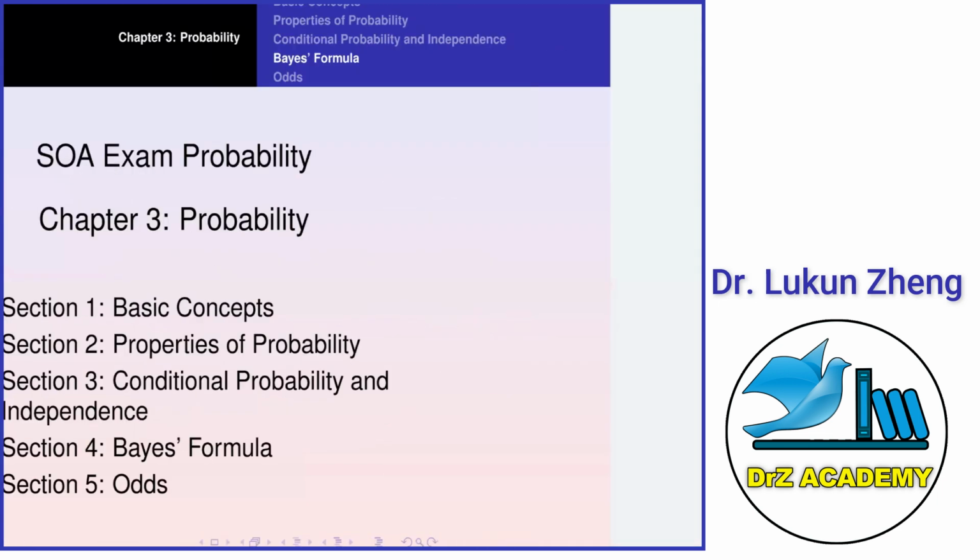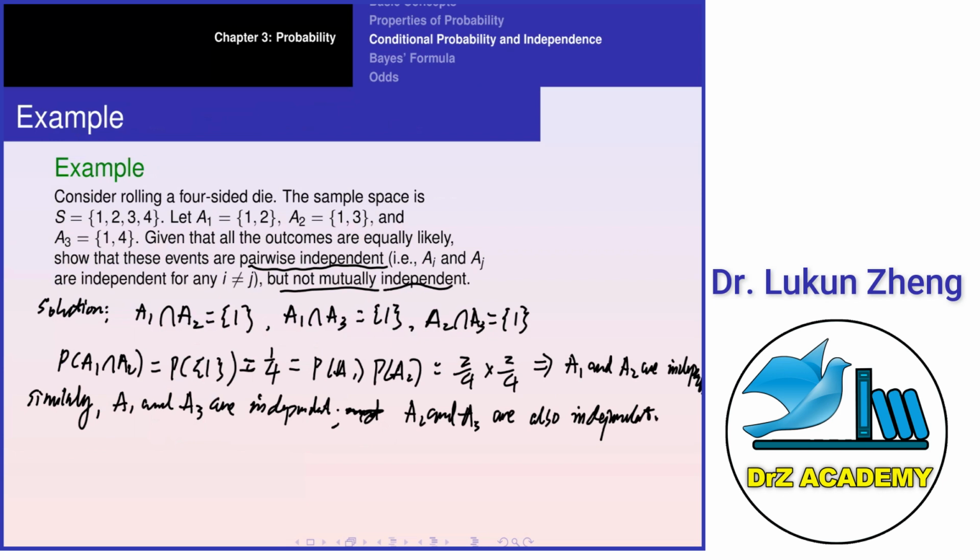What is A1 intersect A2 intersect A3? You can see that it's just {1}. So the probability of their intersection is 1/4.